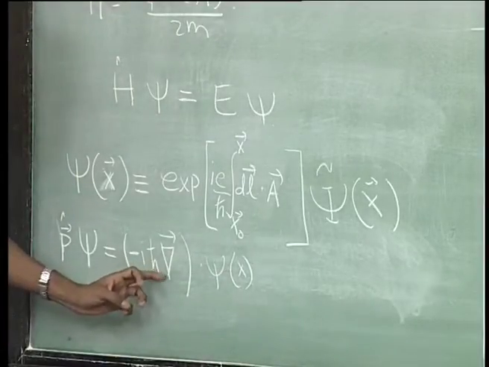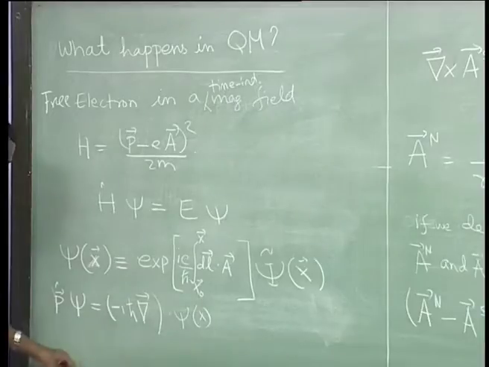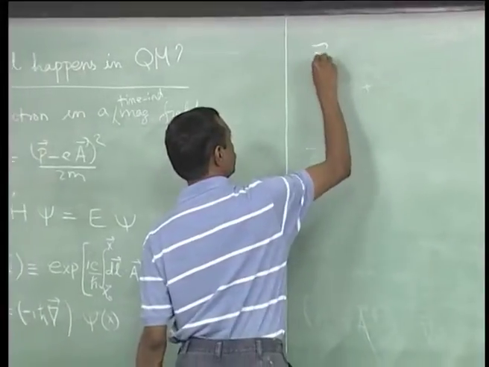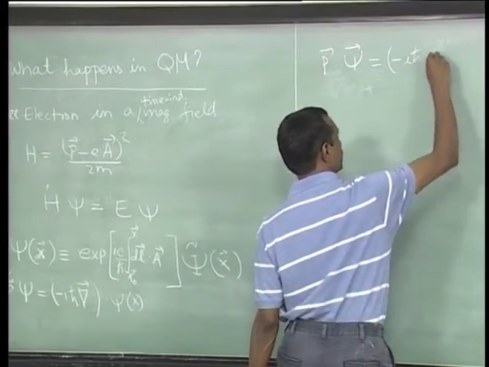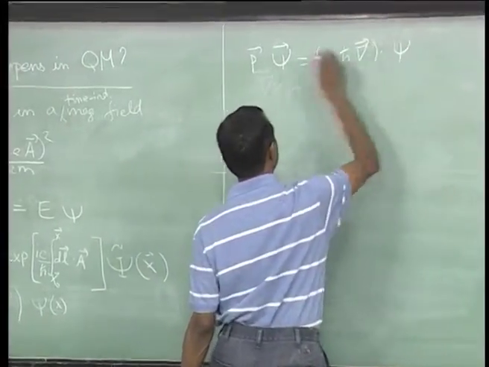Now del acting on this will just pull down. So let me just rewrite that. So p operator is just minus i h bar del operator acting on psi.